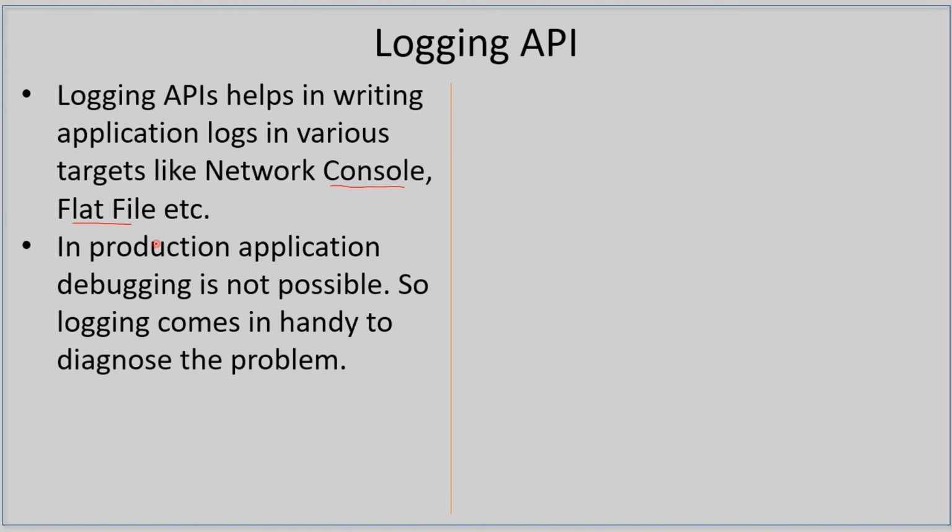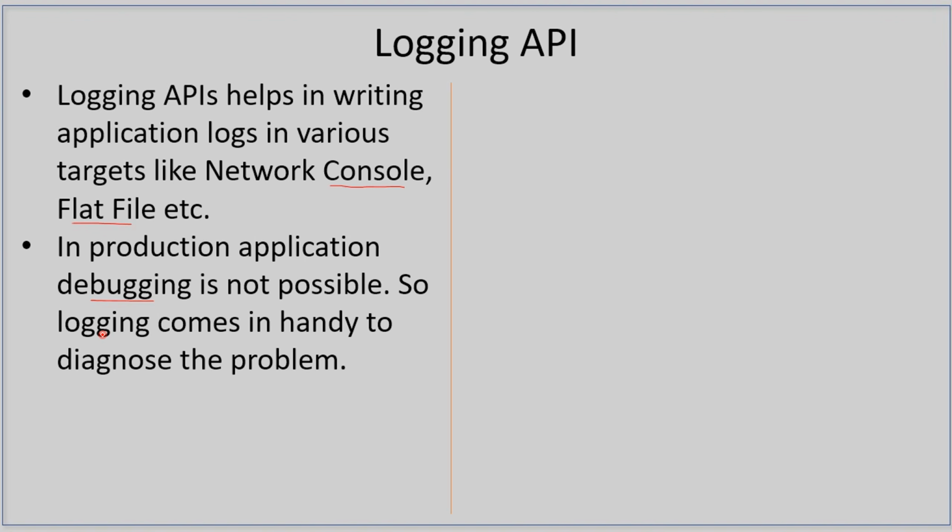In production, application debugging is not possible. If it is in-house, you can perform application debugging, but in production, it will not be possible. So logging comes in handy to diagnose the problem. In production, people will turn on the logging, and logging will get produced in some location.